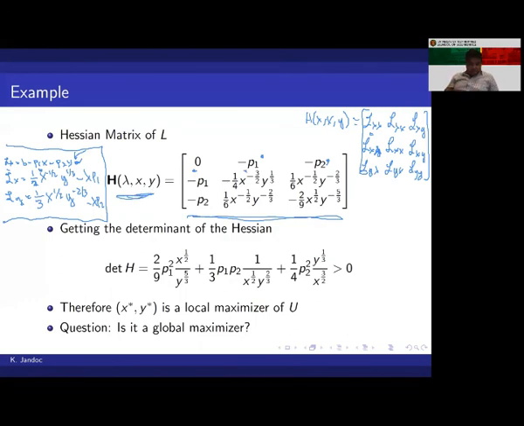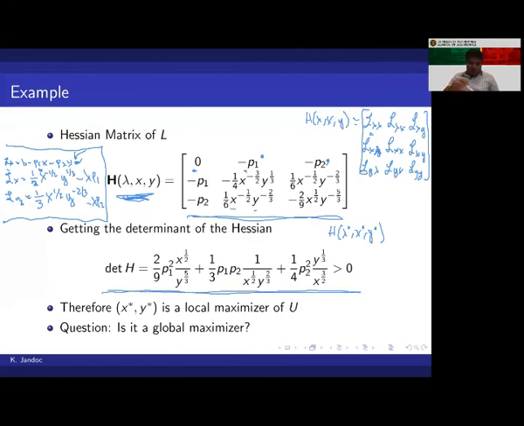Now, you notice that these are functions of x, y. Okay, so in this case, you substitute lambda star, x star, y star over here, and then you get the determinant. But just getting the determinant of this matrix, we have this expression over here.